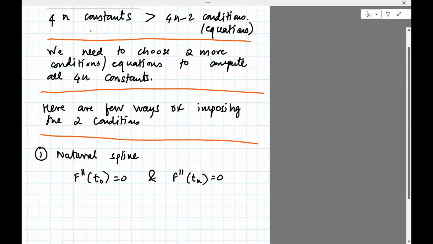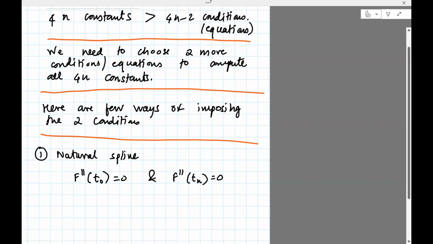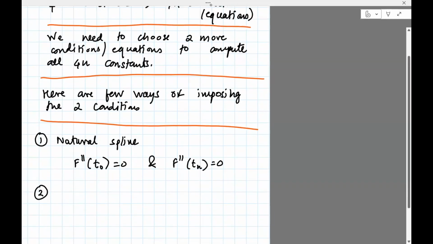So the first and last point acceleration is 0. It's totally arbitrary, it's not necessary, but it's good because if you have a motor, you don't want to accelerate it suddenly at t equals 0, and you stop it at 0. This is something good for the motors.